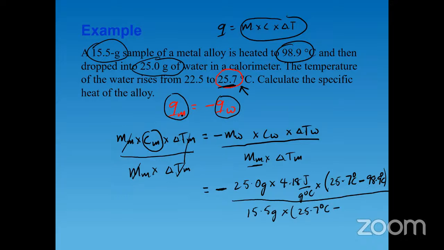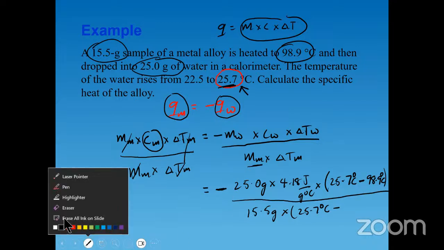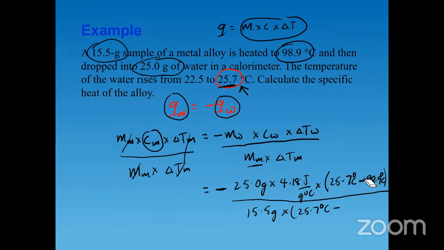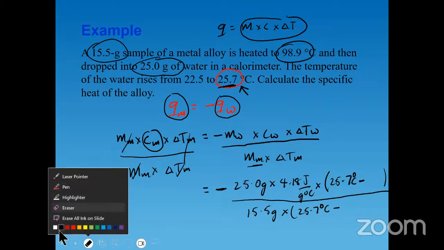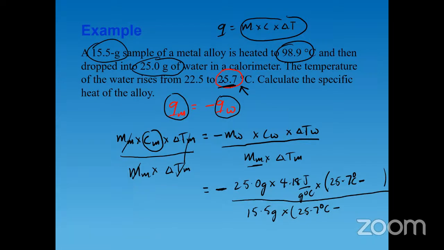Minus, oh, wait a minute. I made a mistake. Okay. I just realized something. Right here is where I made a mistake, because this should be the change in temperature of the water. I'm sorry about that, folks. So let me take out my eraser here and erase this. The change in temperature of the water is the final temperature minus the initial temperature of the water.